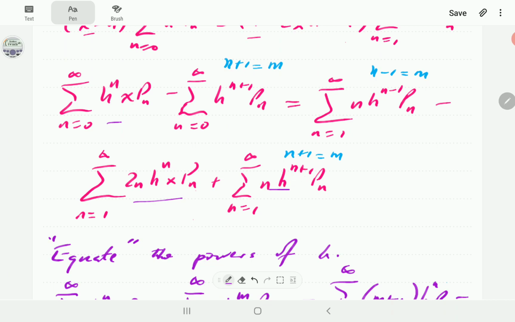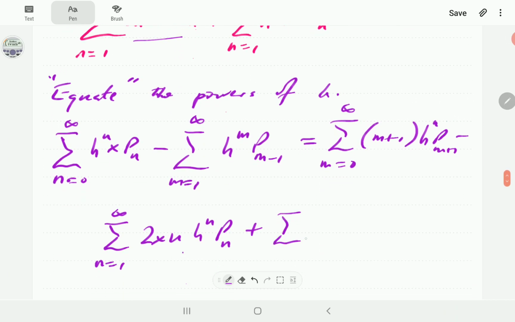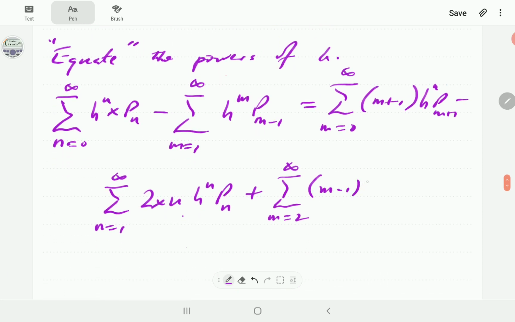So here n is m minus 1, so that's going to be m minus 1. When n is 1, m is going to be 1 plus 1, m is going to be 2. So this time we're going to be summing from m equals 2. n is m minus 1, so m minus 1 here. h to the power m, p_{m-1}. So that is sorted.